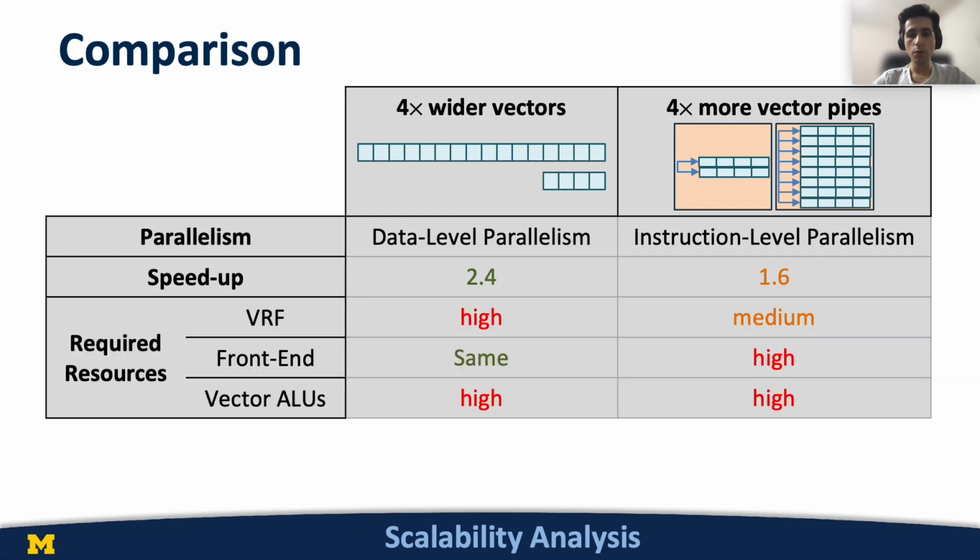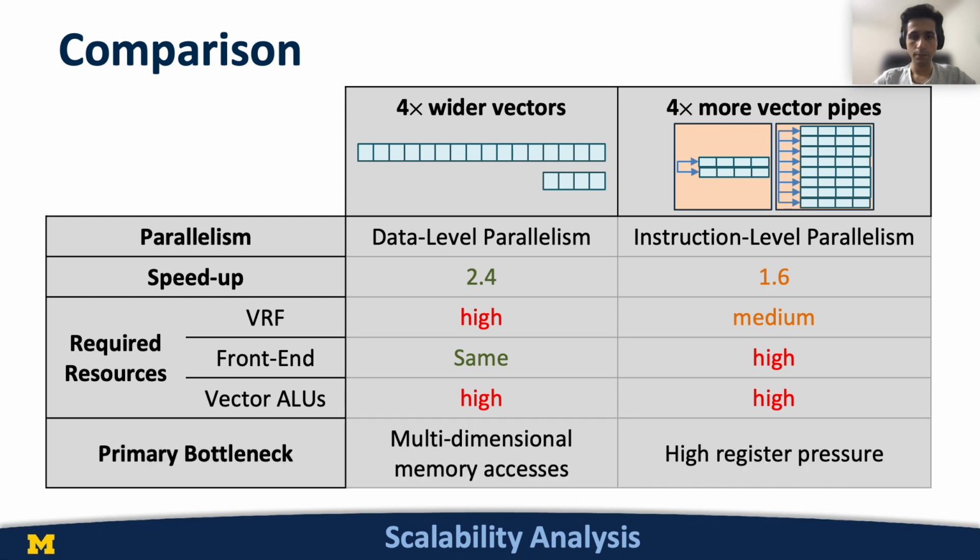Compared to more vector pipelines, wider vectors require higher vector register file area, less front-end modifications, and comparable vector ALU sizes. Wider vectors are bottlenecked by the lack of multidimensional memory accesses in the instruction set, while more vector pipelines are limited because of high register pressure.